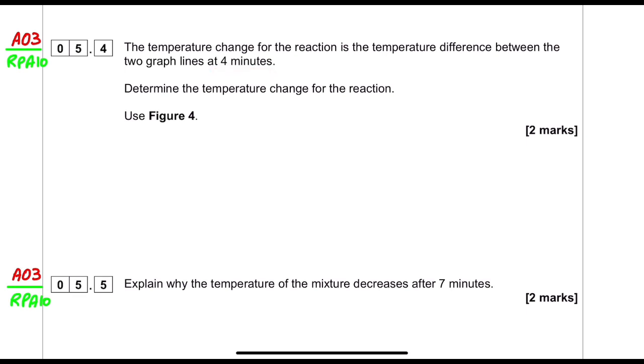So we need to know the temperature change at 4 minutes, and it is already mentioned it is the difference between the two lines at 4 minutes. Determine the temperature change for the reaction. Use figure number 4. We need to check the temperature change at 4 minutes.